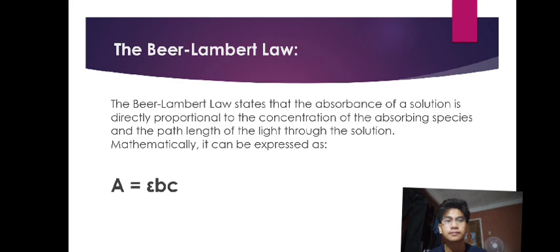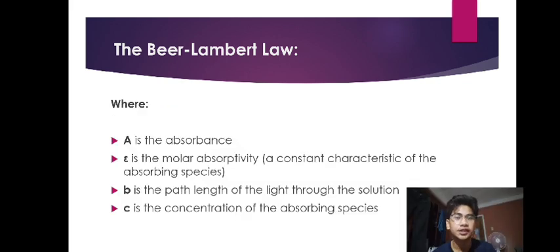So refer to this concept. A is the absorbance. Then that letter E is the molar absorptivity, a constant characteristic of the absorbing species. B is for the path length of the light through the solution. C is for the concentration of the absorbing species.